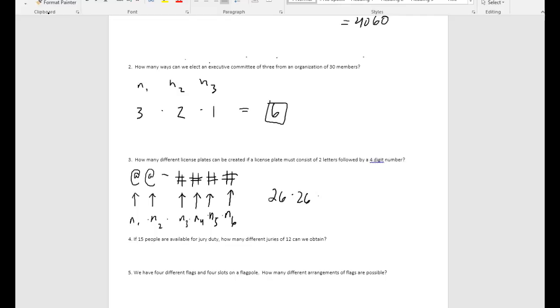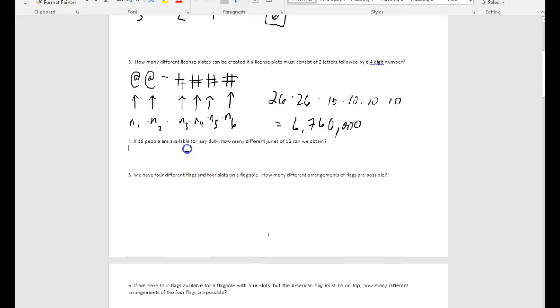And then for the digits, we have digits 0 through 9, so that would be 10 digits. So 10 times 10 times 10 times 10. Multiply those all together, we get 6,760,000.